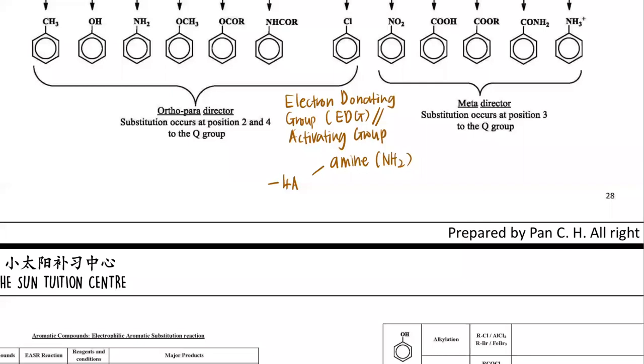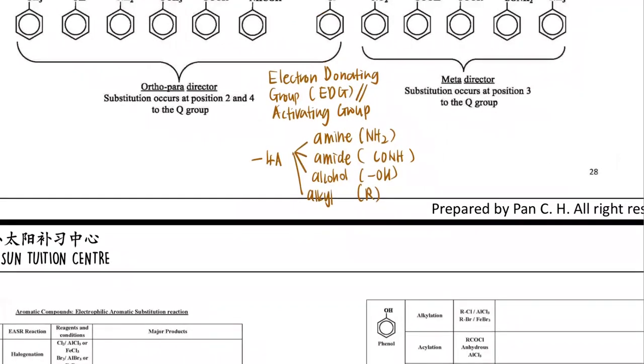When benzene is bonded with an NH2 group, the compound is known as an activating group. Next is amide, which is CONH. Next, we have alcohol, which is the OH group. The last one is the alkyl group, which is your R group.